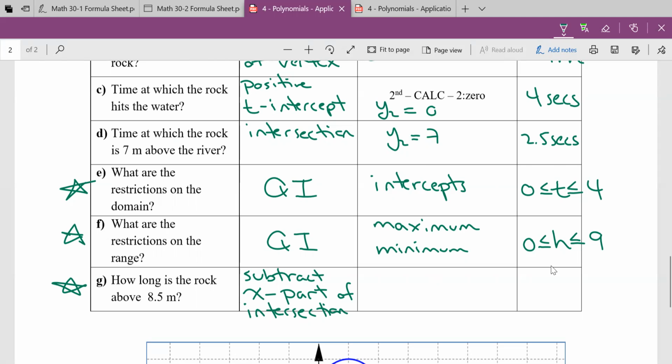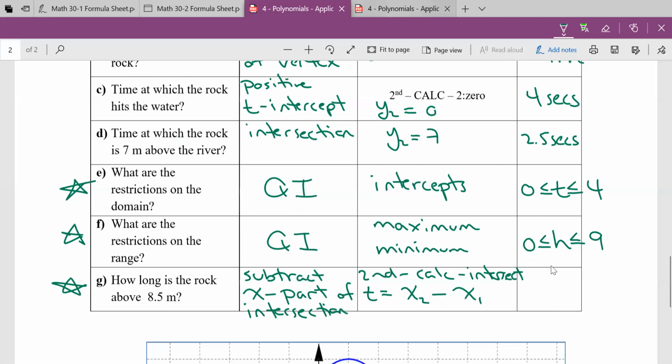So all I'm going to do is, of course, go second calc intersect. And there's going to be 2 intersections. So the time above is, I'm going to take the furthest intersection, which I'll call x2, and I'll subtract the first intersection, which is called x1.